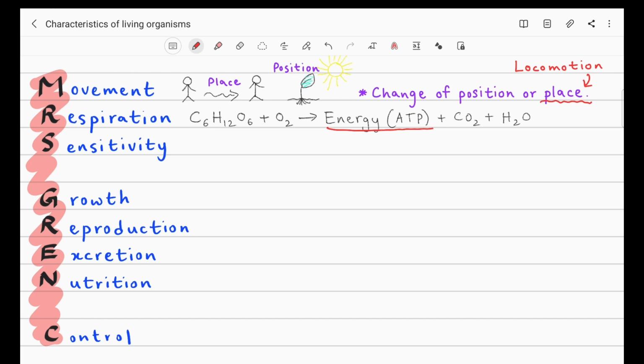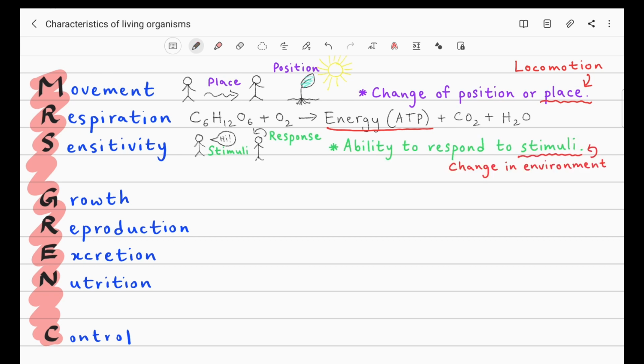So that's a change in the environment, a ball which is coming towards you, and your response to it is to dodge your face away, right? So that is what sensitivity is all about. Non-living things can't do this, right? For example, if a ball comes at a window, it's not going to move its window away or glass away, right? So living organisms are able to detect these changes and respond to them.